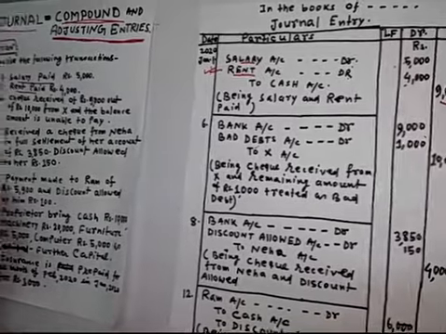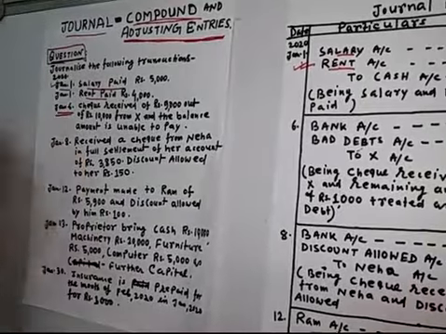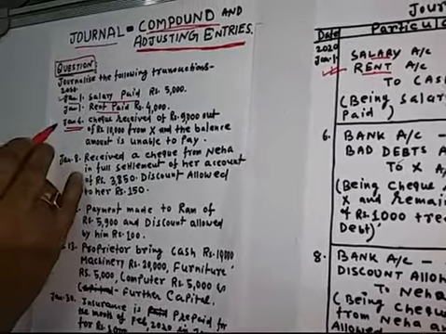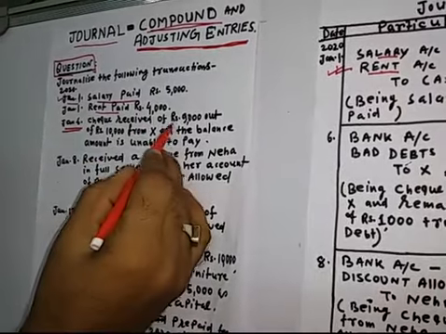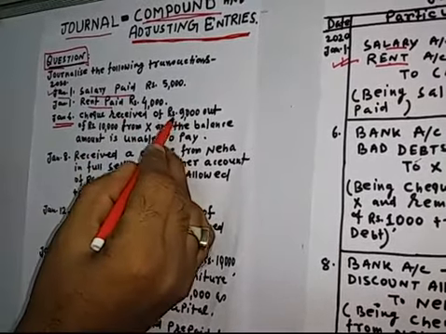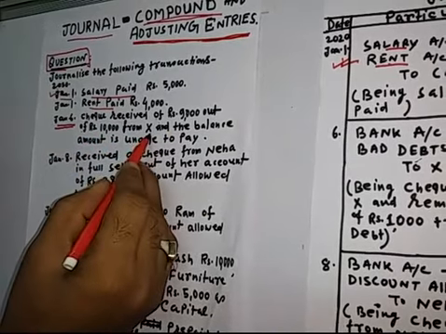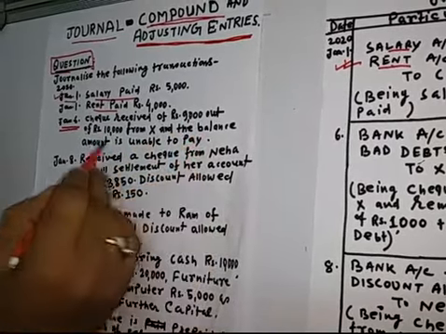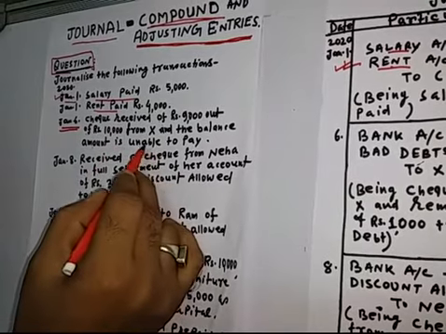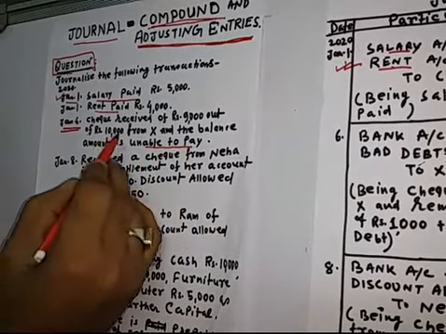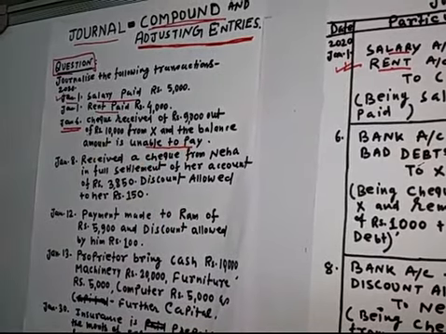Second, you see Jan 6. On Jan 6 a check was received of rupees 9,000 out of rupees 10,000 from X, and the balance amount he is unable to pay. Unable to pay means this is not recoverable.